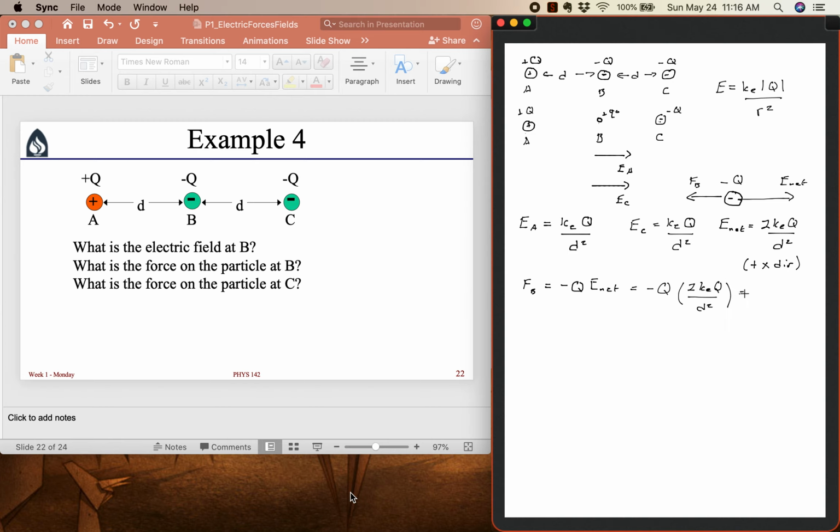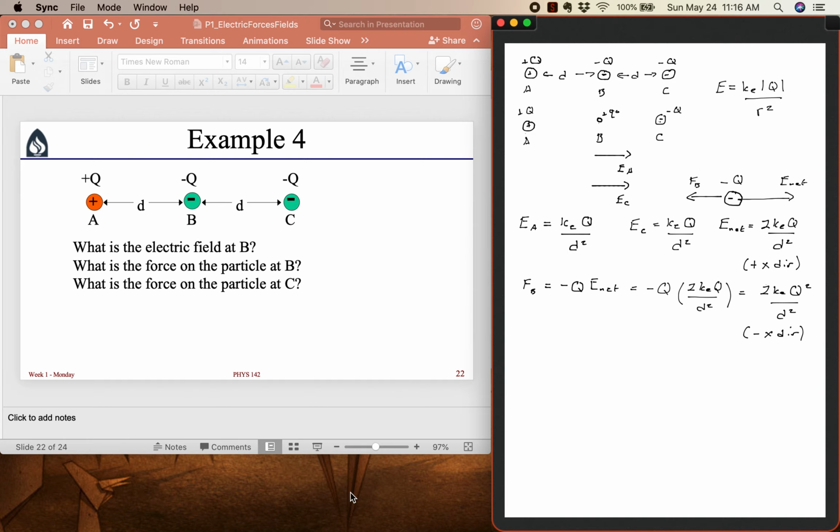And so I get 2 KEQ squared, I have a Q here and a Q here, over D squared, and then the direction would be in the negative X direction. So there's the vector magnitude for the force, and the force acts in the negative X direction.